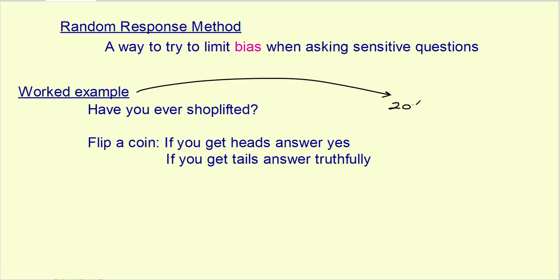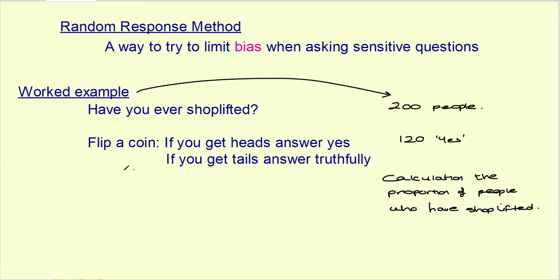So imagine 200 people are asked to take part in this, and we end up with 120 yeses. We have to calculate the proportion of people who have shoplifted. Okay, let's do this then. Out of the 200 people, they're flipping a coin, and we're going to be getting heads and tails.